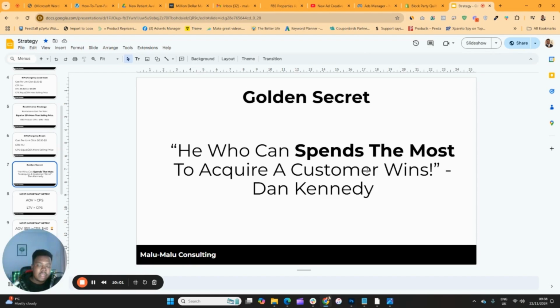So the way that advertising works is if you can spend the most in your market to acquire a customer, essentially you are the business that wins. So even if you were up against a 6, 7, 8 figure store, yes, they've got more cash flow than you, but if you can strategically create a way where you can get a customer from Facebook, for example, for $20, and let's just say over the period of 30, 60, 90 days, get that customer to spend another $20, another $20, another $20 to the point where it's now $100.